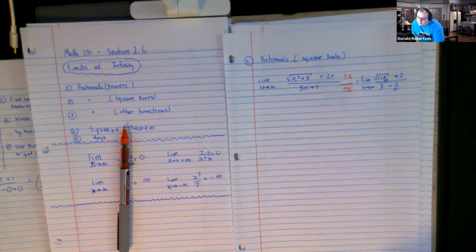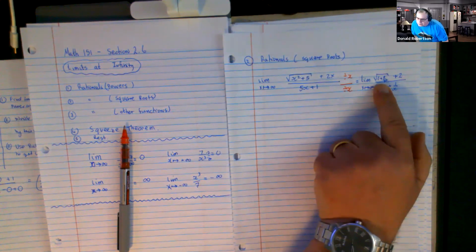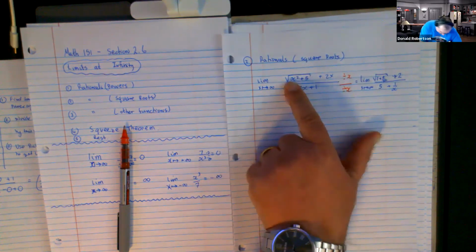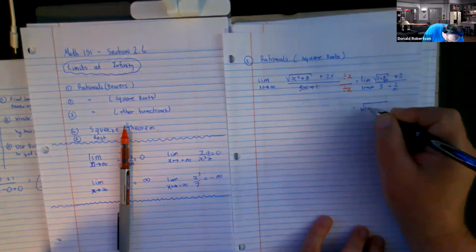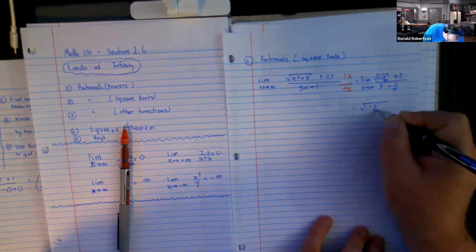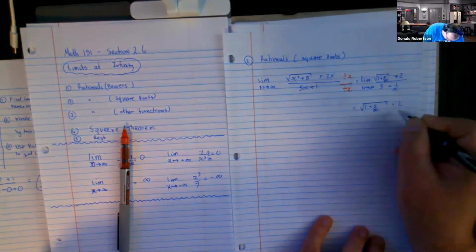That's the tricky part. If you're comfortable with that, the rest is going to come pretty smoothly. Are you comfortable with this square root, how we dealt with it? Okay. Now, brute force is coming up. Square root of 1 plus 5 over infinity, plus 2, goes in the top.